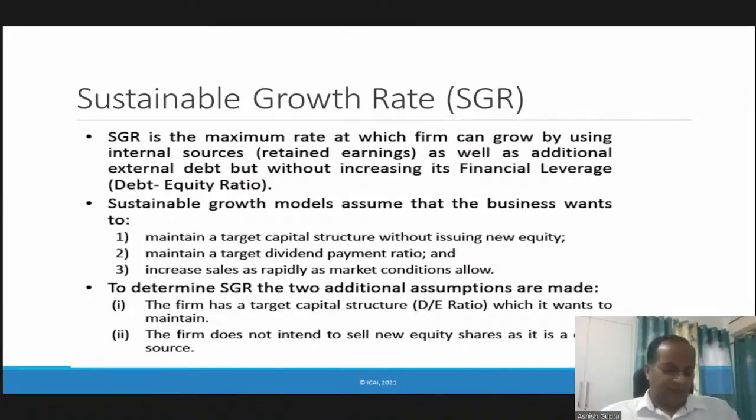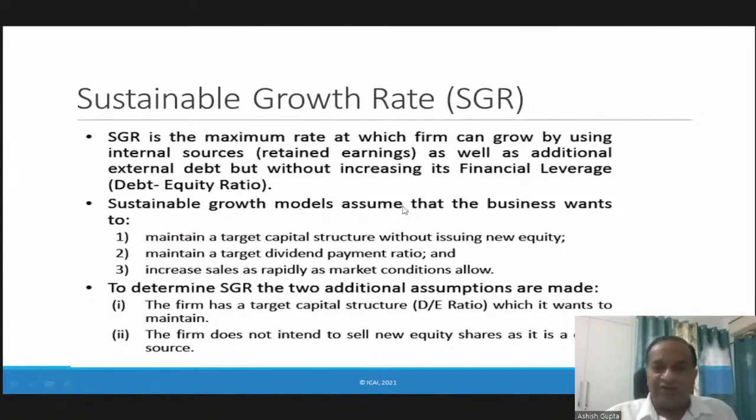SGR is the maximum rate at which the firm can grow by using internal retained earnings as well as additional debt, but without increasing its financial leverage. That is, the debt equity ratio does not change, because they don't want to increase it.